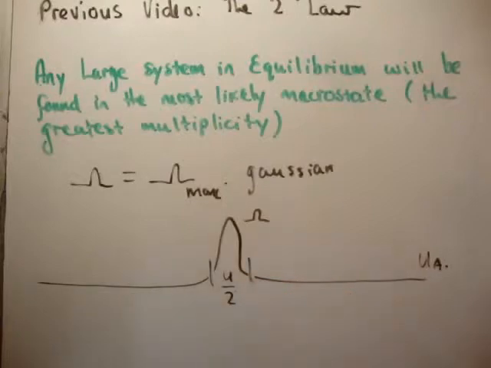In other words, set around half of the total energy. If you have two solids interacting, the system will stop sharing energy when both of the systems have exactly half the total energy.